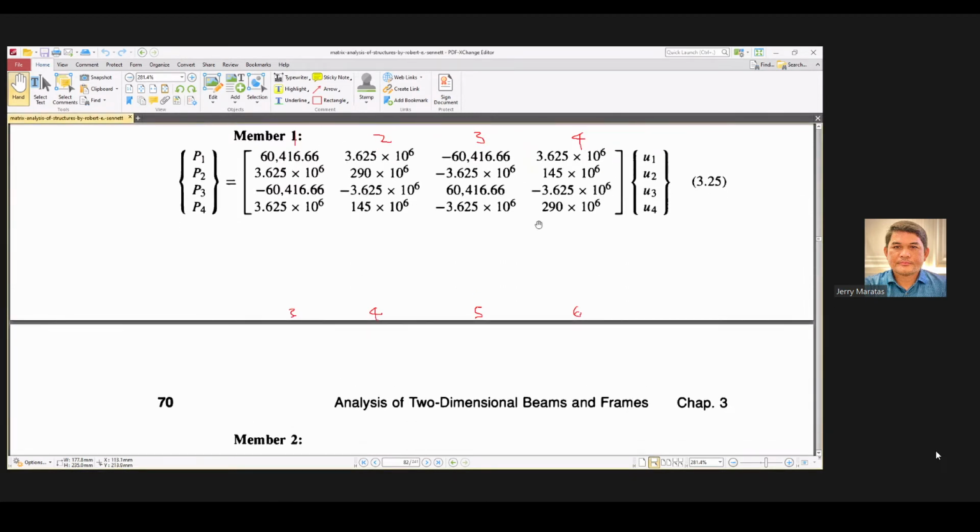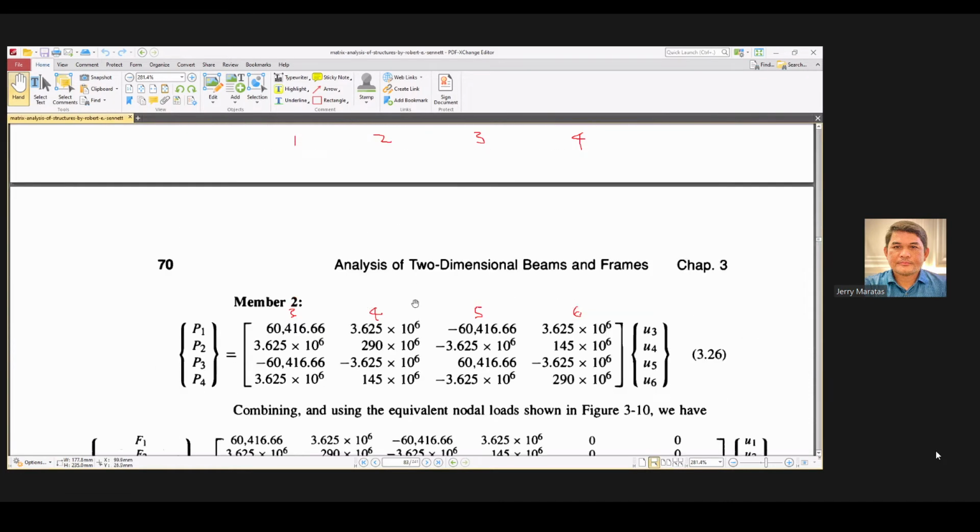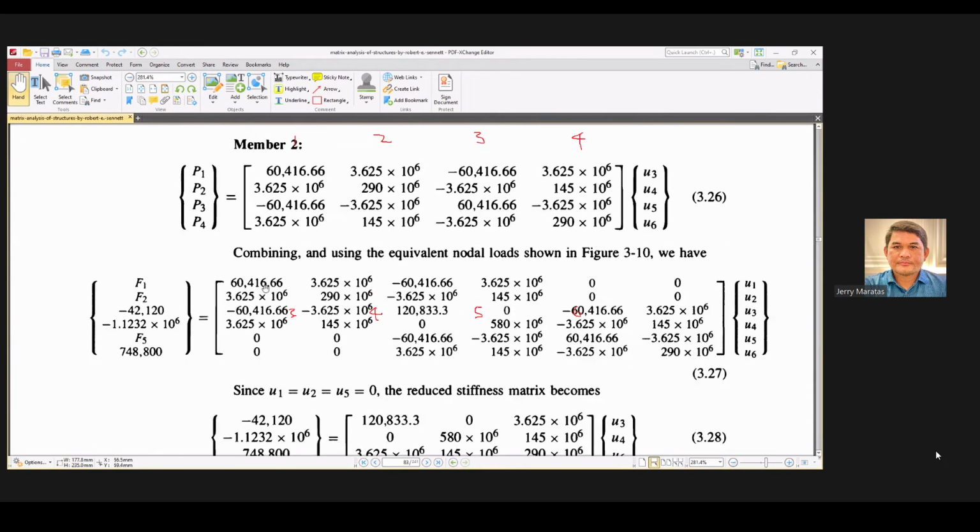And if you combine, the result should be 6 by 6 as expected, di ba? Because the total number of nodes for the entire structure is 3 nodes. And per node, there are 2 degrees of freedom. So 6 by 6 siya.